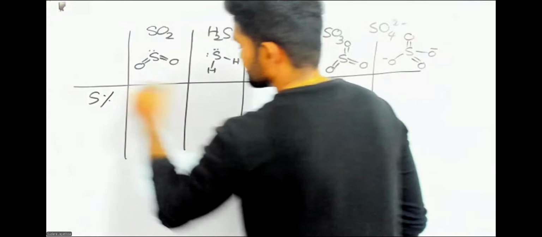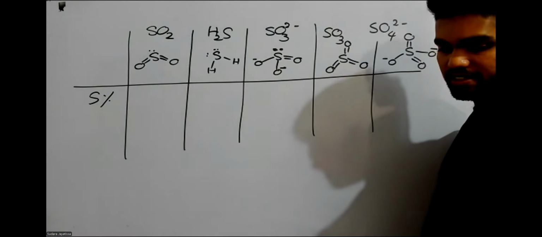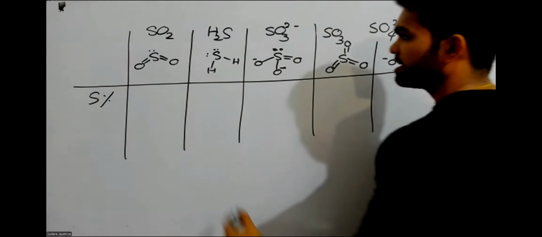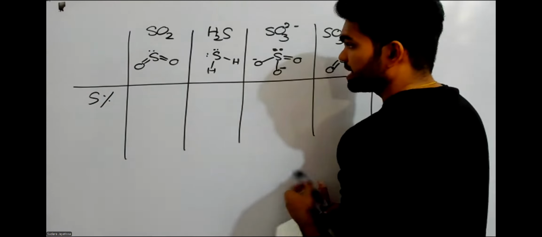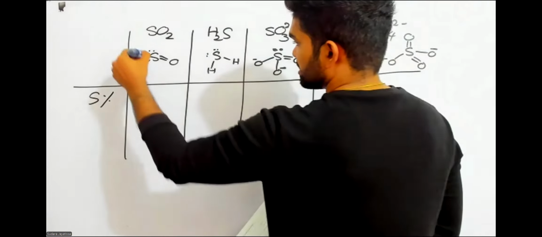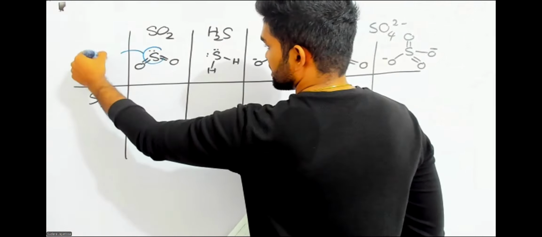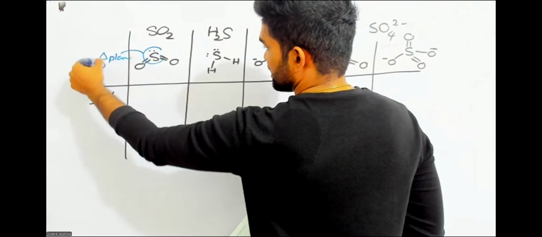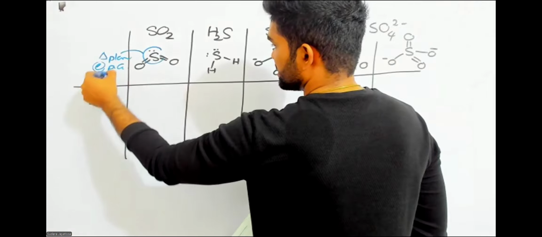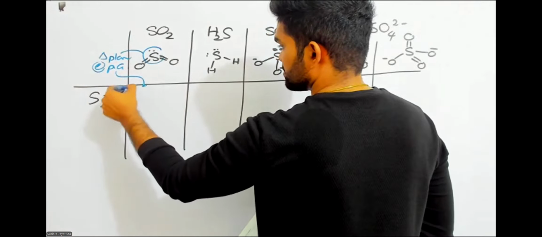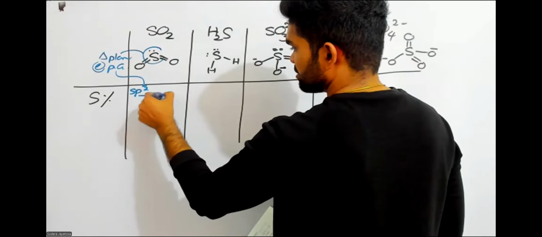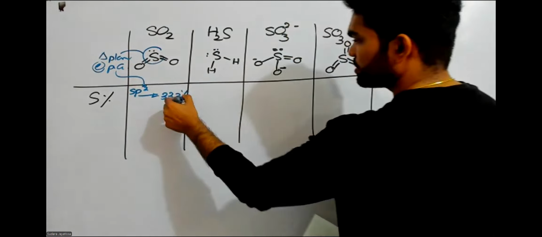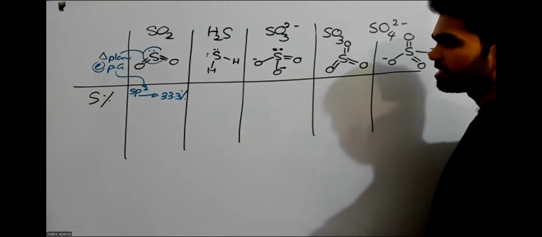s percentage. This one is sp2 hybridized, trigonal planar electron pair geometry. So if it is sp2, then s character is 33.3%. That's how you think and get it.